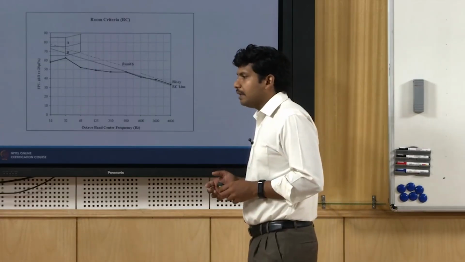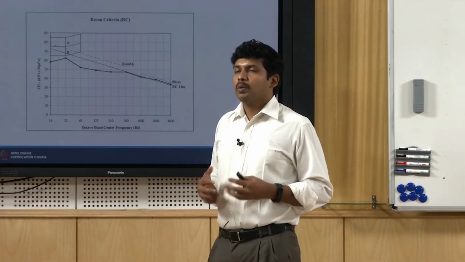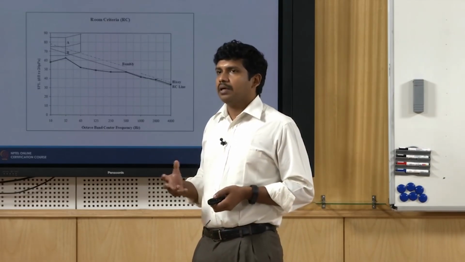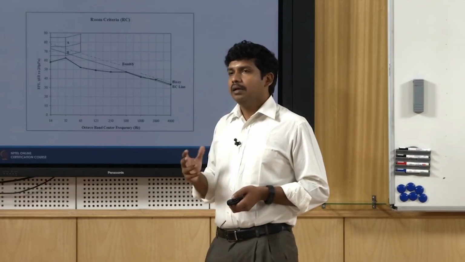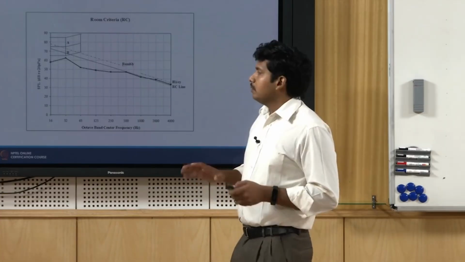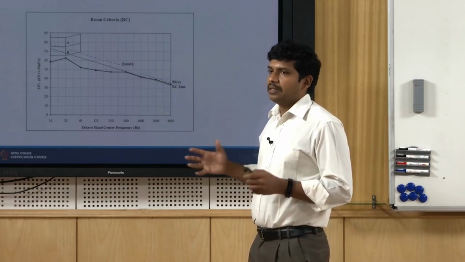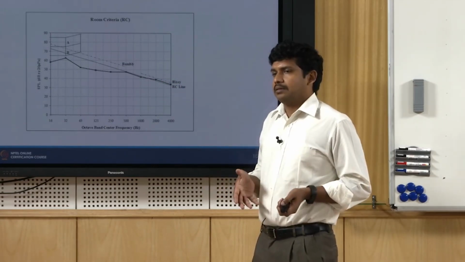There is a striking difference here. If you find the room criteria to be acceptable, you can infer that you do not have to really rework the HVAC system or its design, or treat the HVAC system itself. You should then ensure that the HVAC system does not have much impact on the noise level.